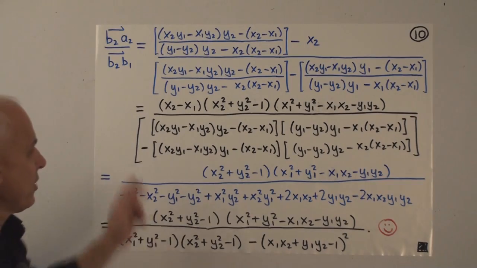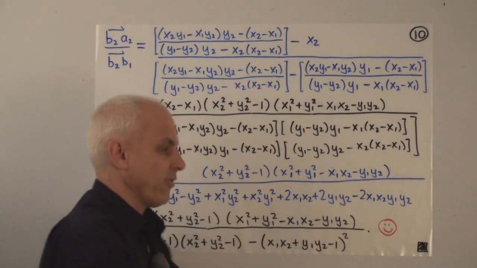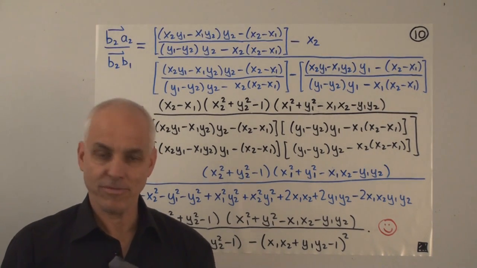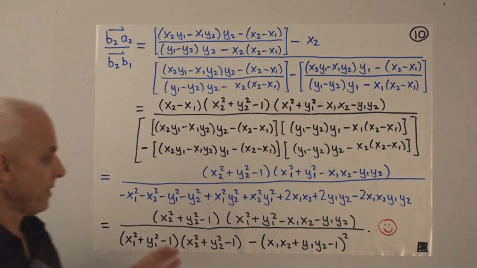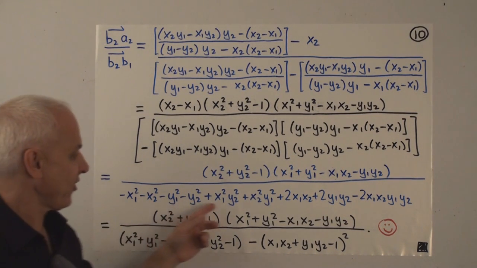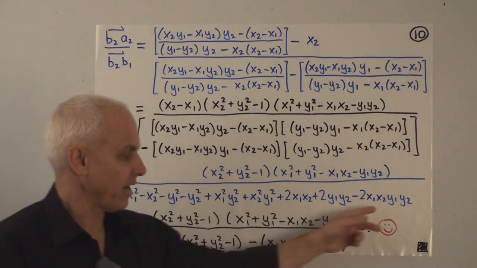Oh boy. Okay, so you have to multiply this times this and subtract this times this. All right? Get out a pen, paper, write it all down, simplify. We end up with this expression. Those are all the terms that are left in the denominator.